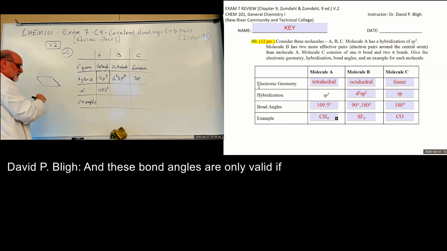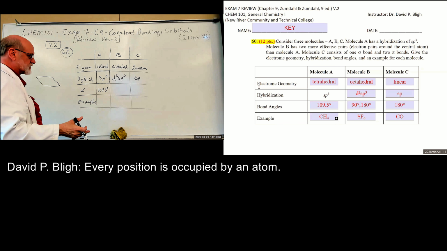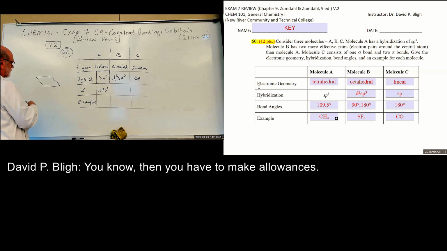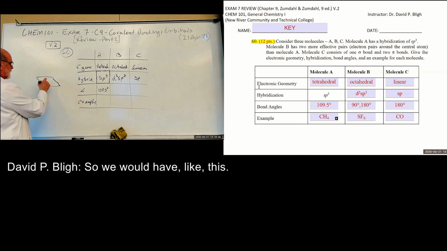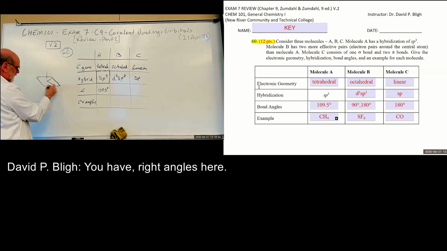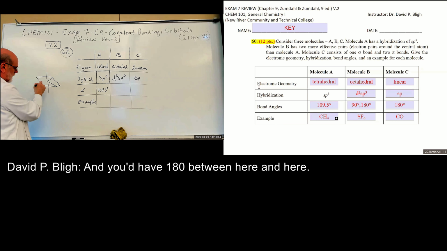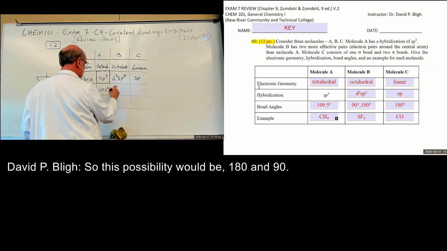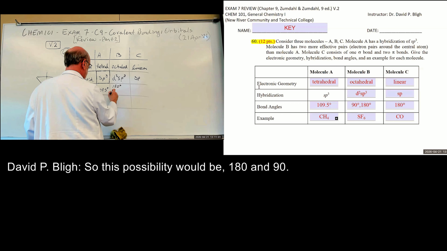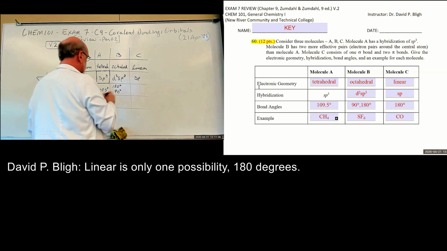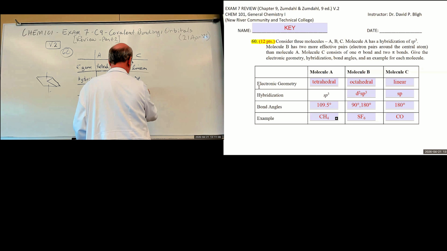These bond angles are only valid if every position is occupied by an atom. If you have any lone pairs, then you have to make allowances. So we would have right angles here, right angles here, and you'd have 180 between here and here. So this possibility would be 180 and 90. Linear is only one possibility, 180 degrees.